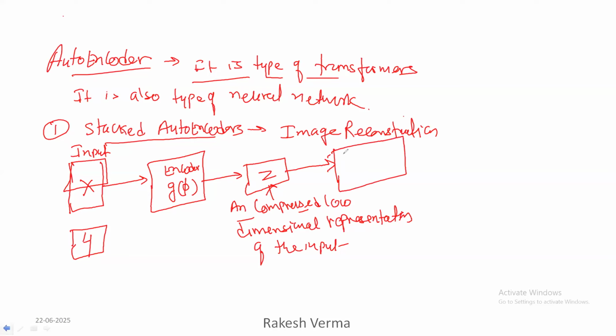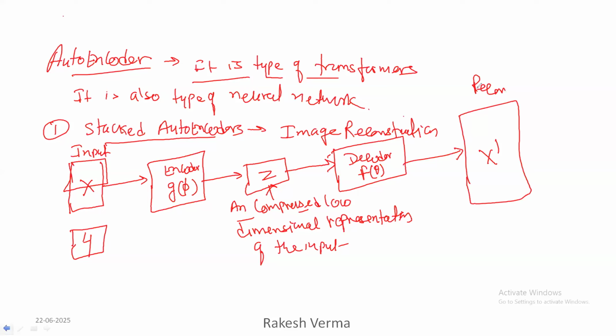So what does the decoder do? It decodes the compressed low dimension representation of the input back into the original one. It performs f of theta, a function of theta, and then we get an output or reconstructed image that is referred to as x dash. So x dash is the reconstructed image.